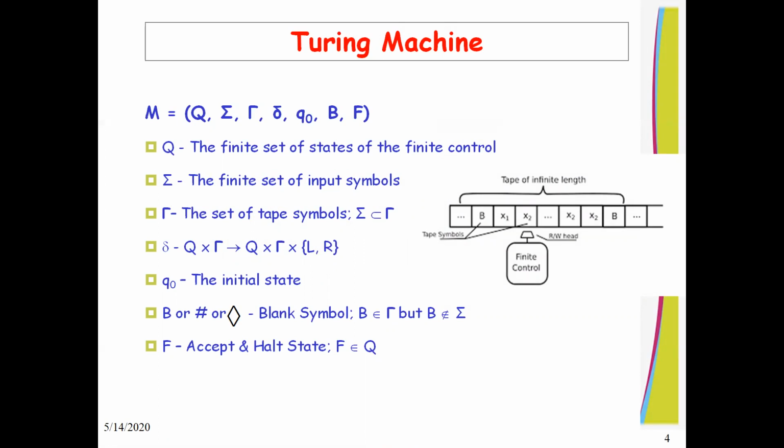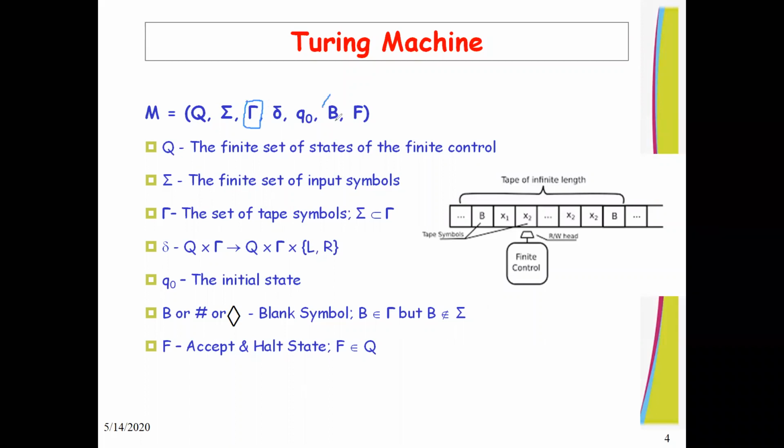Similar to the DFA, a Turing machine consists of seven tuples: Q, sigma, tau, delta, Q naught, B, and F. There are some symbols that are different from the finite automata. You can see very easily that tau is new, and B is new.